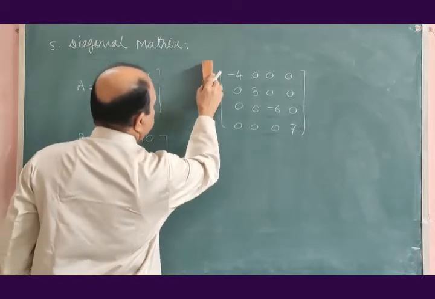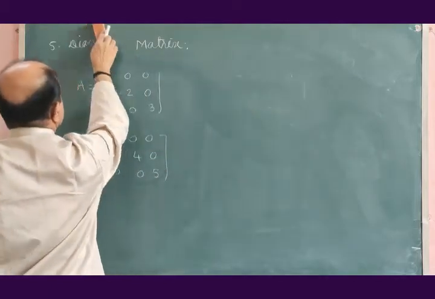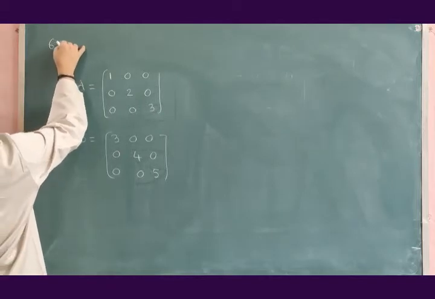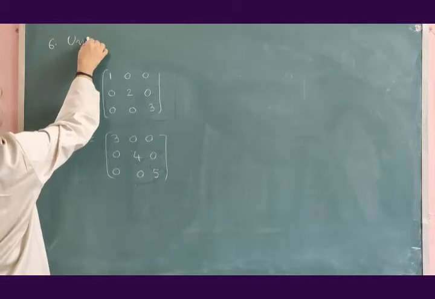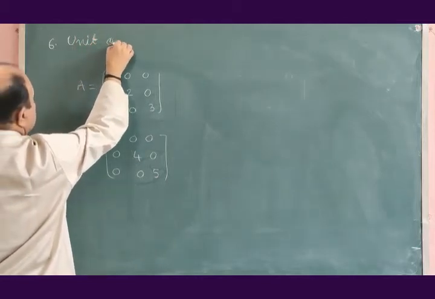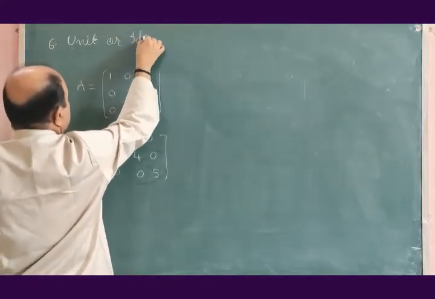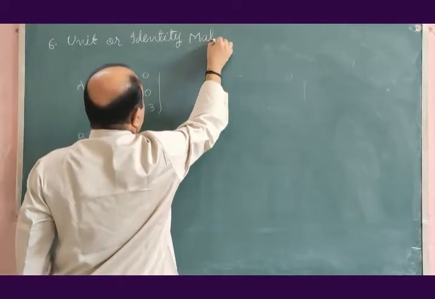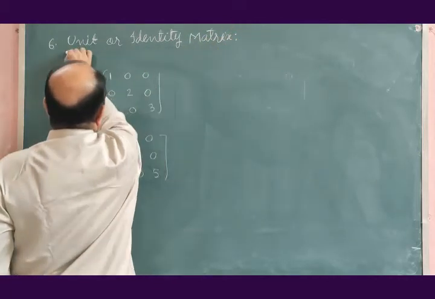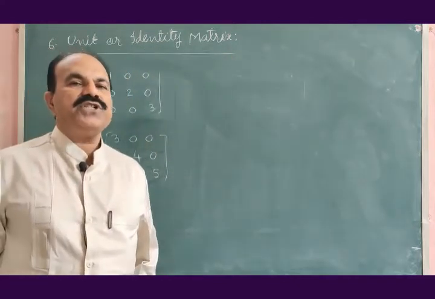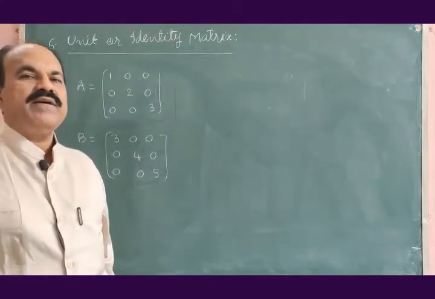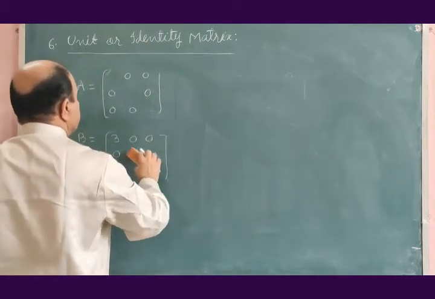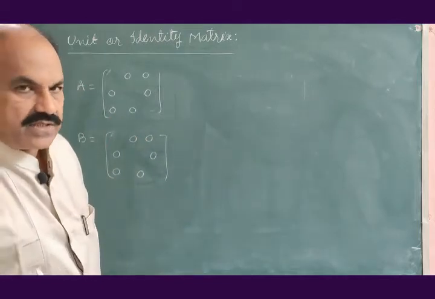Let us go to the sixth one. Sixth one is unit matrix or identity matrix.